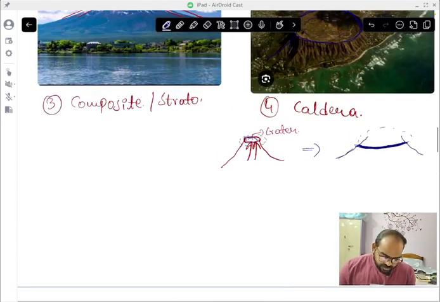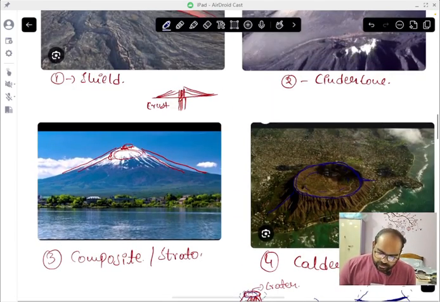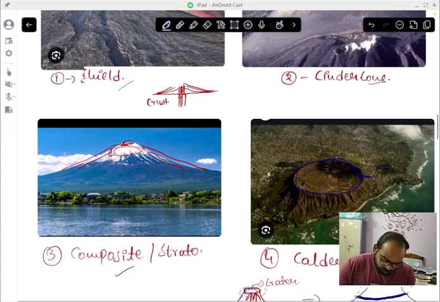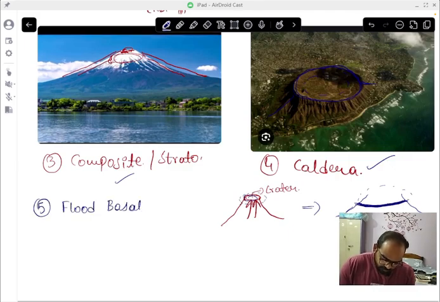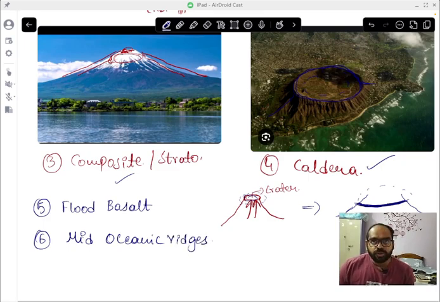These are extrusive forms: shield, cinder cone, composite or stratovolcanoes, caldera, and there are another two: flood basalt and mid-oceanic ridges. We have talked about mid-oceanic ridges extensively, so there is no need to explain them again. Flood basalt means, we have talked about the Deccan traps in India, right?